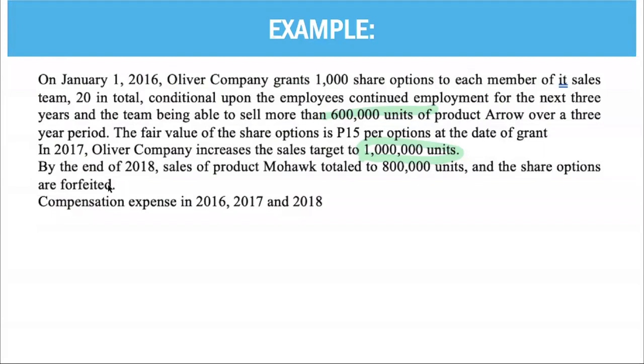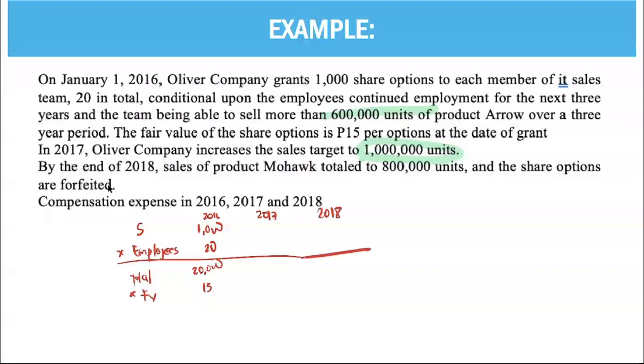We have 1,000 share options, and the number of employees entitled, nobody left, right? So what is the total shares? 20,000 multiplied by the fair value of 15. So this is 2016, 2017, and 2018. The number of employees remains the same, 20. Nobody left. So 1,000, 1,000.